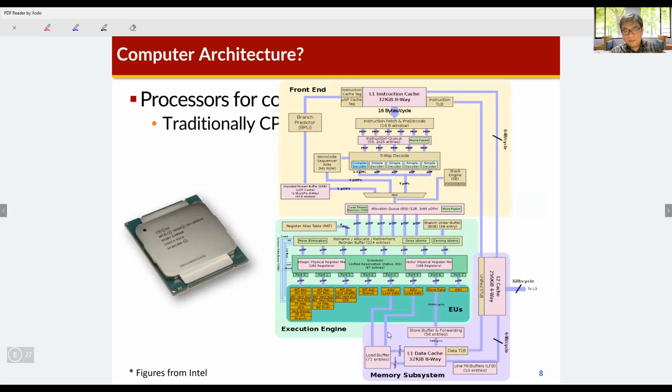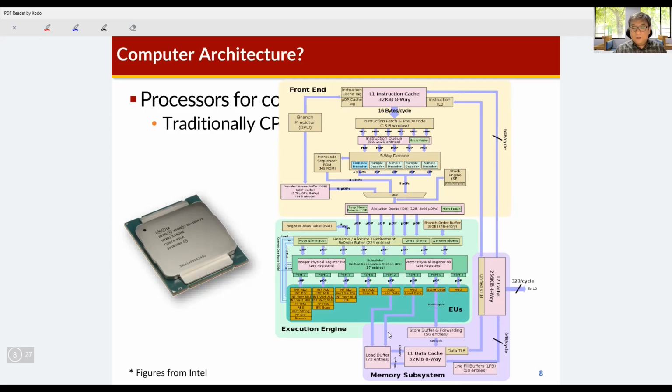This slide shows a block diagram of the Intel, I think it's the i7. The Intel i7 processor is a core processor. As you can see, the processor is composed of a front end. The instructions are fetched and decoded in the front end, and then instructions are also executed in the execution engines. So this is the basic out of order processor architecture of Intel processors.